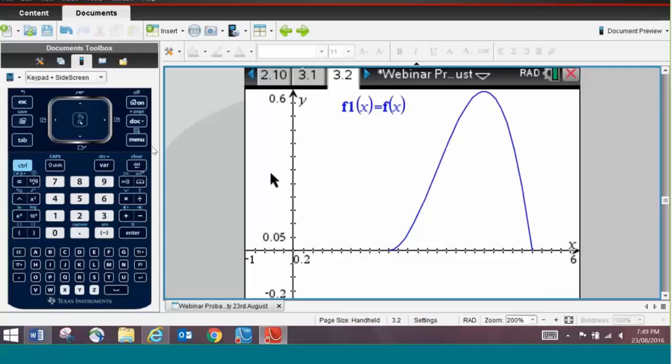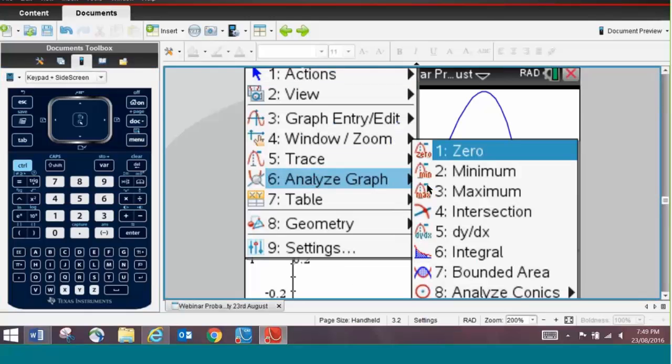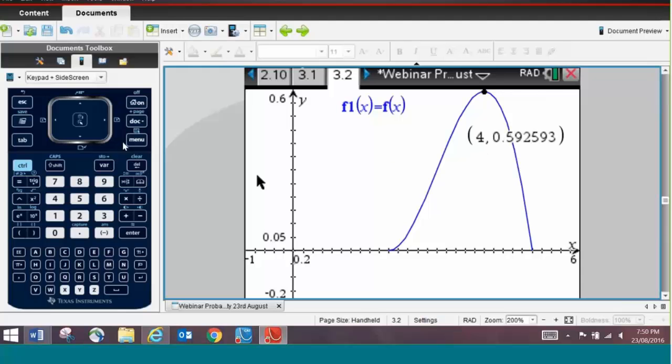To find that mode, it's just a matter of using analyze graph, and we can find the maximum. You click to the left, click to the right, and there it is. We can see that the mode occurs when x equals 4.